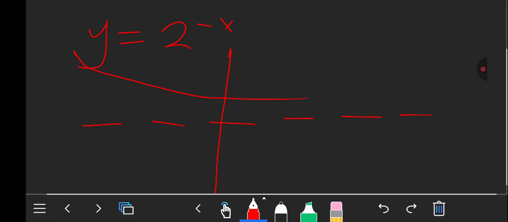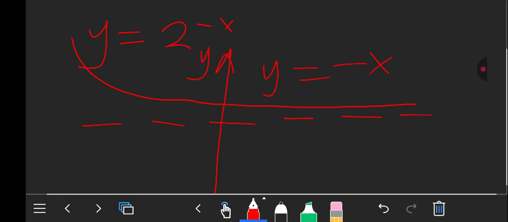So it will come like that. This is for y is equal to 2 to the power negative x. Of course, that is the y-axis, that is the x-axis. This is how you get to sketch. Then you can put even the arrow to show that the graph is ever going.